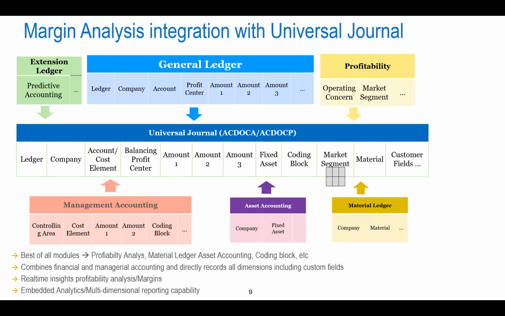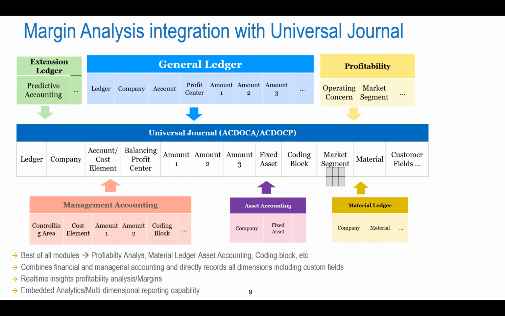So Universal Journal, for those who are not familiar, those who are coming from the ECC world, is a huge single source of truth table. It combines all modules such as your financial accounting, profitability analysis, your material ledger, asset accounting, any coding block. Coding block is customer fields that you add to the Universal Journal. All of them are housed in one big table.